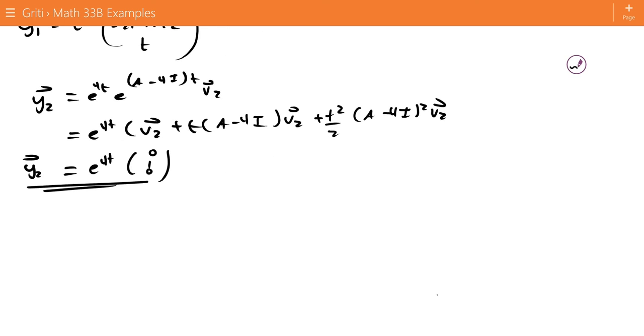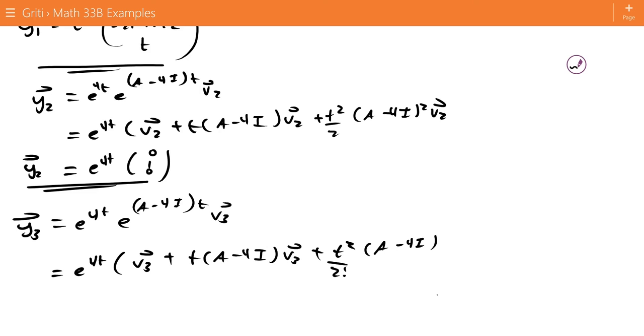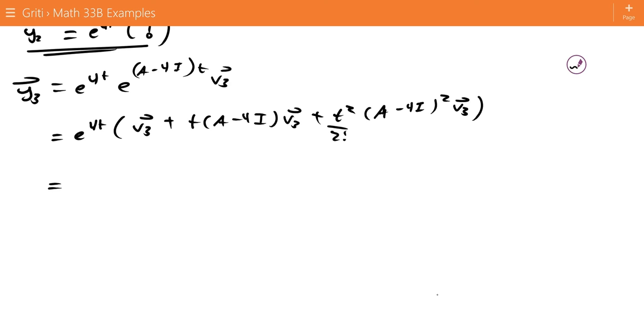And for y3, do the same thing, e to the 4t times e to the (A minus 4I) t times v3. It's going to be v3 plus t (A minus 4I) v3 plus t squared over 2 (A minus 4I) squared v3. And I'm not going to do the calculation again, but that's e to the 4t times negative 4t, 5t minus t squared, and 1 minus 2t.